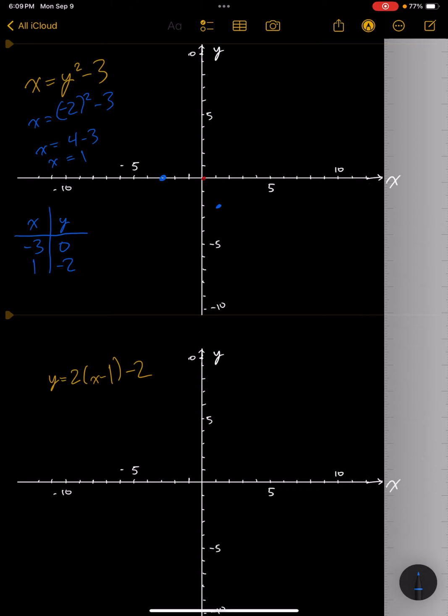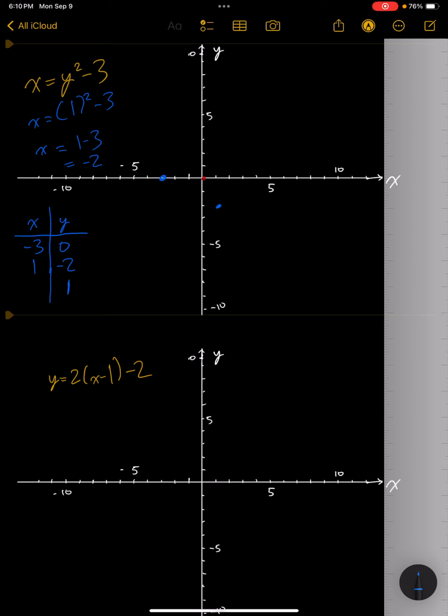Okay, what about if I put... Or is it equal to 1? At y equals 1, x is equal to 1 minus 3, which is equal to minus 2.